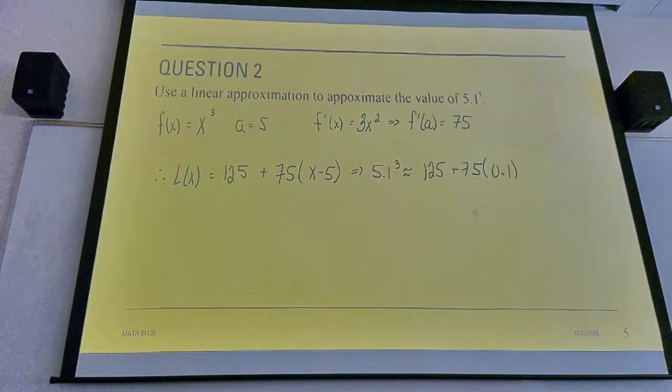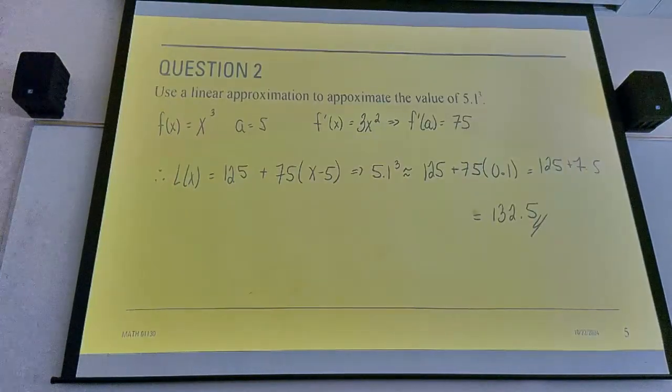What is 75 times 0.1? And 125 plus 7.5? So we have approximately 132.5 for 5.1 cubed.